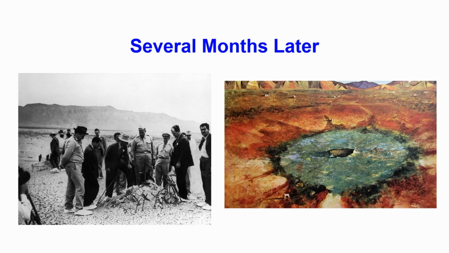Notice they're wearing booties. That was their radiation safety at the time. And on the right here is a picture of what it may have looked like with the green sand, or the trinitite that resulted.